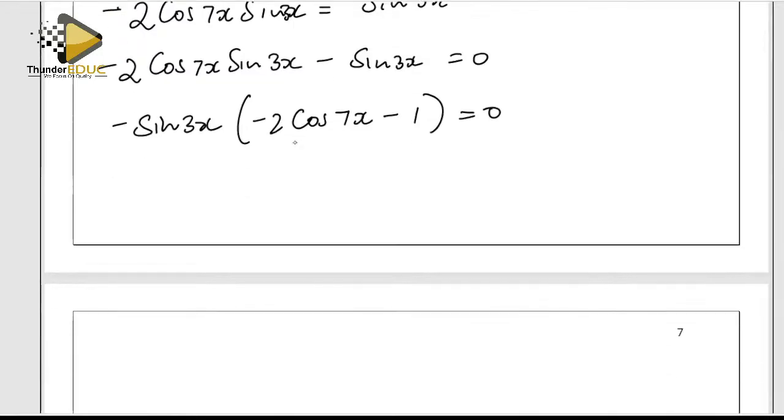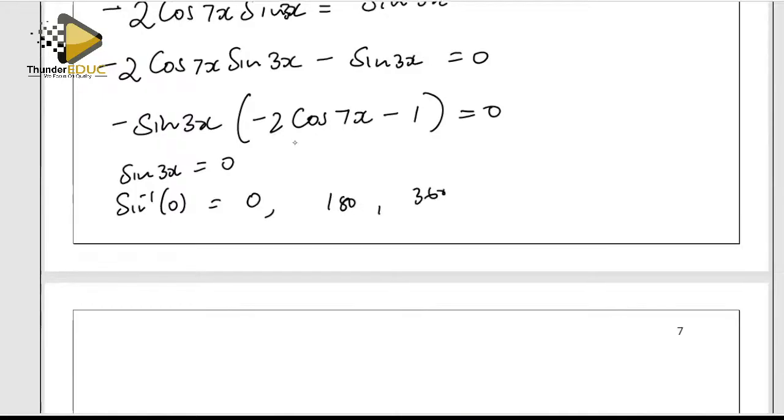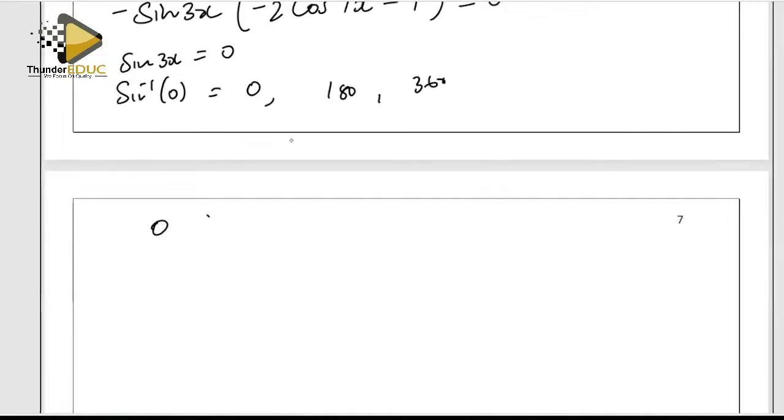Okay, then either the sine 3x is 0, or cos 7x is going to be negative a half. Then we're going to have also an 180 and probably 360, but we're focusing on 30. So the first solution is going to be 0 plus k times 360, k is an element of integers. Will that help us? 180 plus k times 360, k is an element of integers.